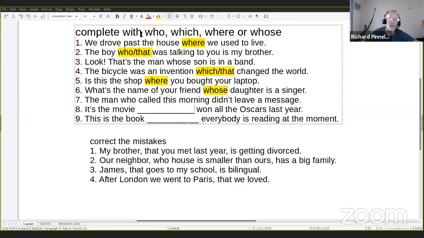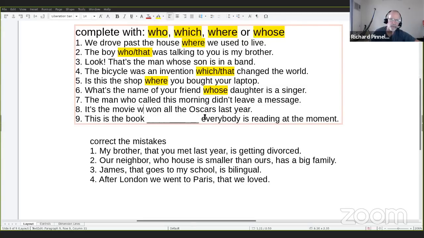We got complete with is con. The relative pronouns we got are who, which, where, or whose. This is not a relative pronoun. It's the movie. Rip B says which, and Juan Manuel which, and Irma which. Yeah, it's the movie which.